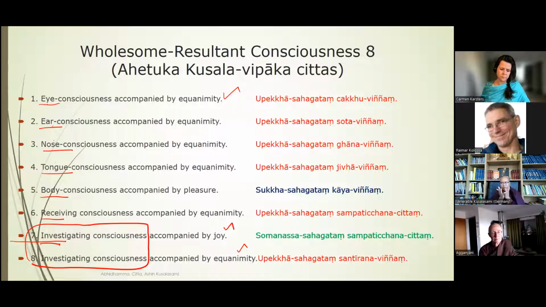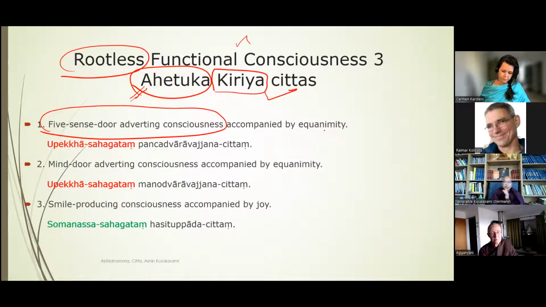Receiving consciousness receives that sky object and hands it over to the investigating consciousness, which investigates: what is that? What does it look like? Then investigating consciousness hands over to other consciousness as well. So this is the first. It appears before eye consciousness, ear consciousness, nose, tongue, body consciousness.